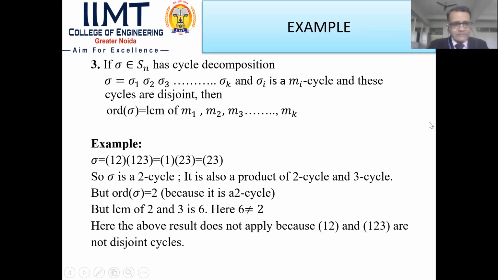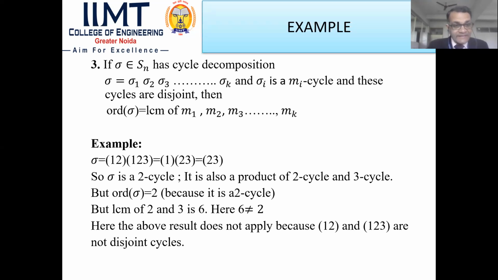Let us discuss again. Example: sigma is equal to (1 2) into (1 2 3), which is equal to 1 into (2 3), which is equal to (2 3). So sigma is a 2-cycle. It is also a product of a 2-cycle and a 3-cycle. But the order of sigma is equal to 2, because after calculation it is a 2-cycle.